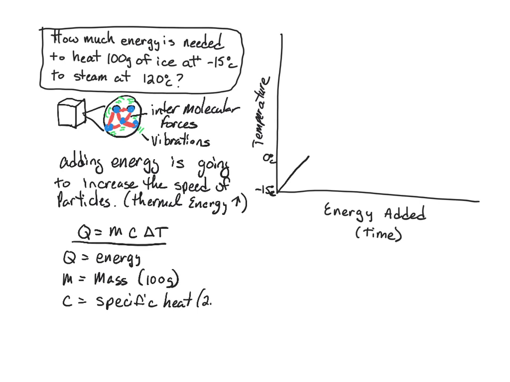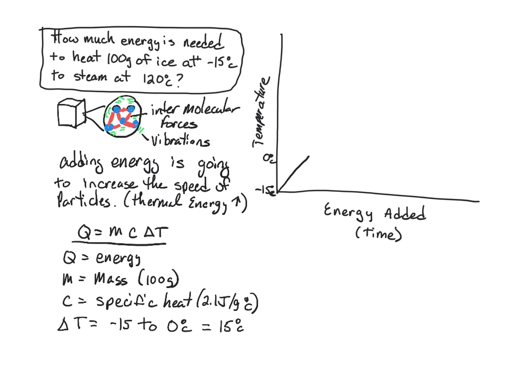In this case, it's going to be 2.1 joules per gram per degree Celsius. And my delta T is the change in temperature. In this case, I'm going from negative 15 to 0, which is a delta T of 15 degrees. Delta T's are always a positive value. You never put a negative number, because the change in temperature is 15 degrees.